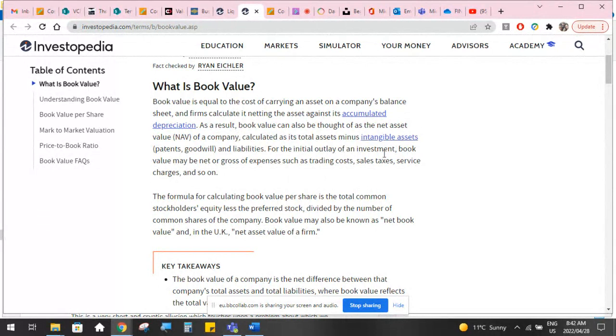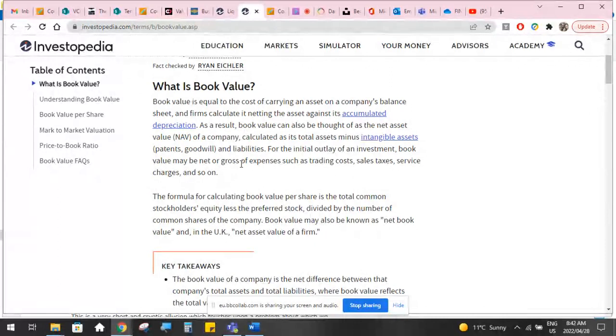So book value is then the net asset value of a company, calculated by taking its total assets minus, and don't worry about this intangible assets thing that they've got here on this particular screen. If you get a question, they will tell you whether you need to include intangible assets or not. Sometimes with book value we do, and sometimes we don't. It depends entirely on the exercise that you're doing.